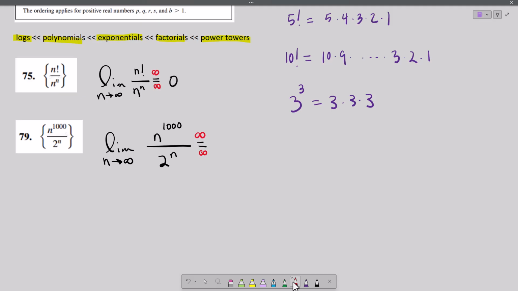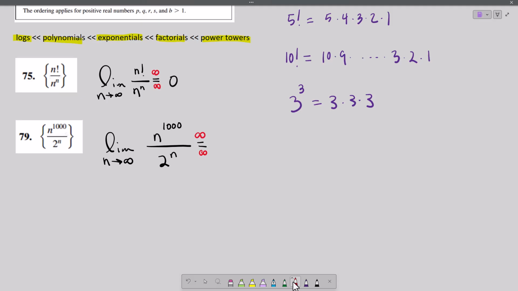Those are both differentiable. You could take the derivative of the top, which is a polynomial, and the bottom, which is an exponential. But how many times would you have to differentiate this to get somewhere? 1,000 times? So when it's completely impractical or impossible, we just use growth rates.